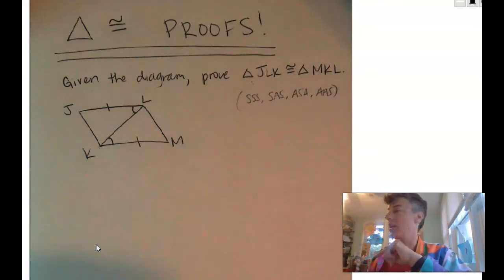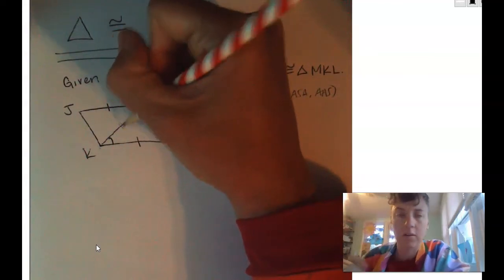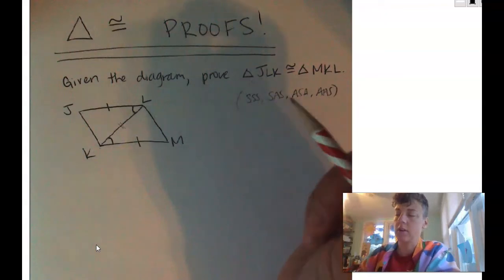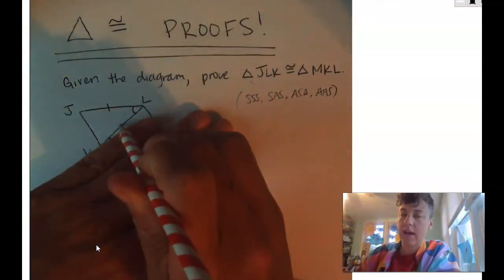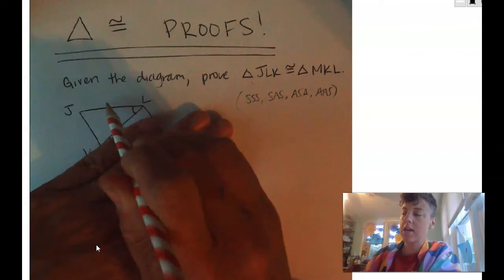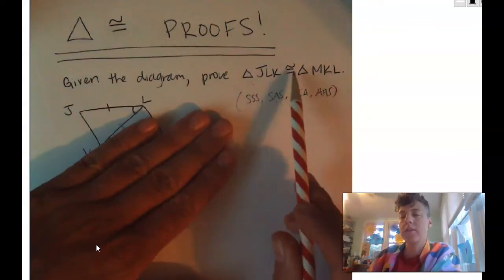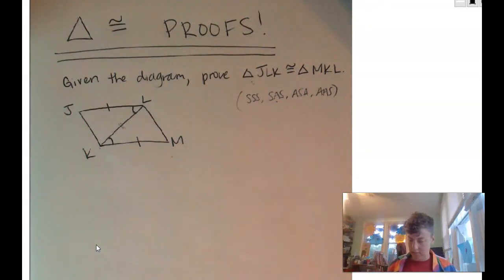I normally hate pencils, but this is what they're used for, right? When you need to erase things. So we're going to mark that shared side congruent. And then let's cover up one triangle, see what we got. We'll have side, angle, side. So we're going to use that as our final reason why these triangles are congruent. Okay, so that was the thinking process through that.